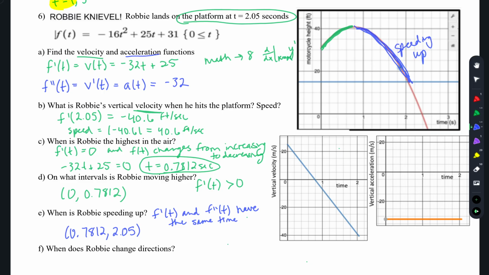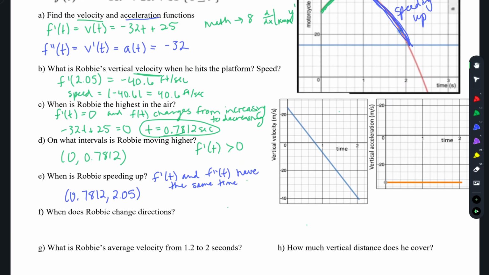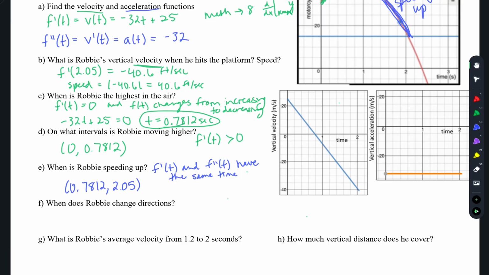Okay, changing directions. So changing directions, going from going up to going down. That's going to be when t equals 0.7812 because he's going up and then going down. So you could say f prime of t changes sign. Or what's the other way to say it? Sorry, I'm going kind of fast.